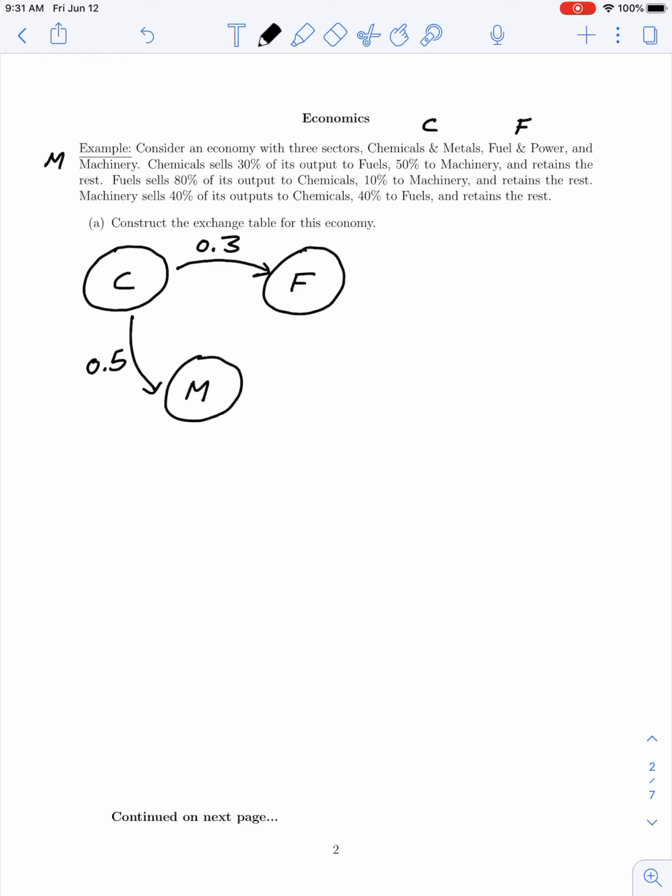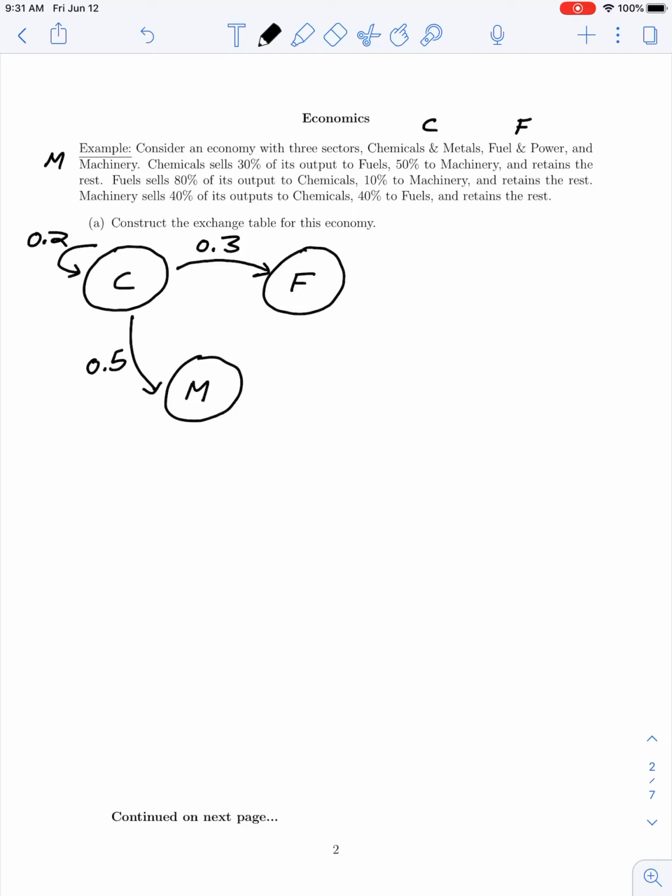So let's think about what remains. We've sold 30% and 50%, which is a total of 80% of their output. So the remaining 20% of their output remains with chemicals. So we can draw a little arrow from chemicals and metals back to itself, indicating that 20% stays there.